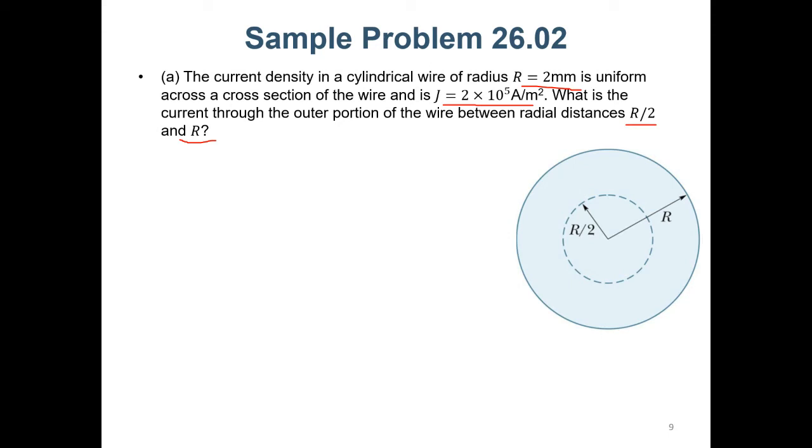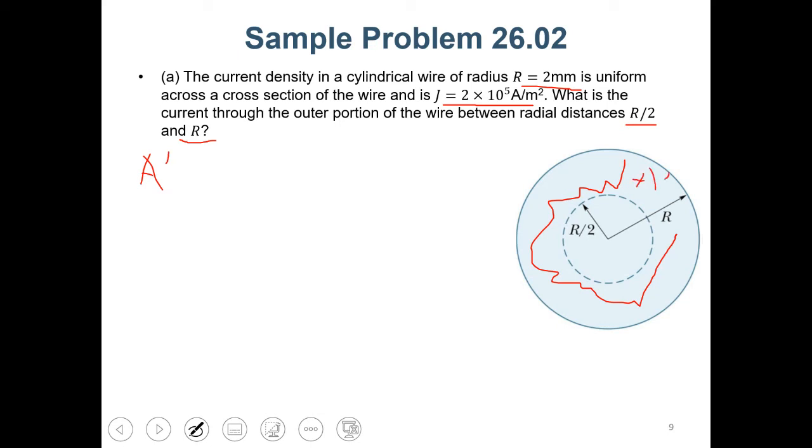This is pretty easy. It asks you to calculate the current for the outer part. So the area for the outer part should be the total circle, which is pi R squared, minus the inner circle, which is pi (R over 2) squared.